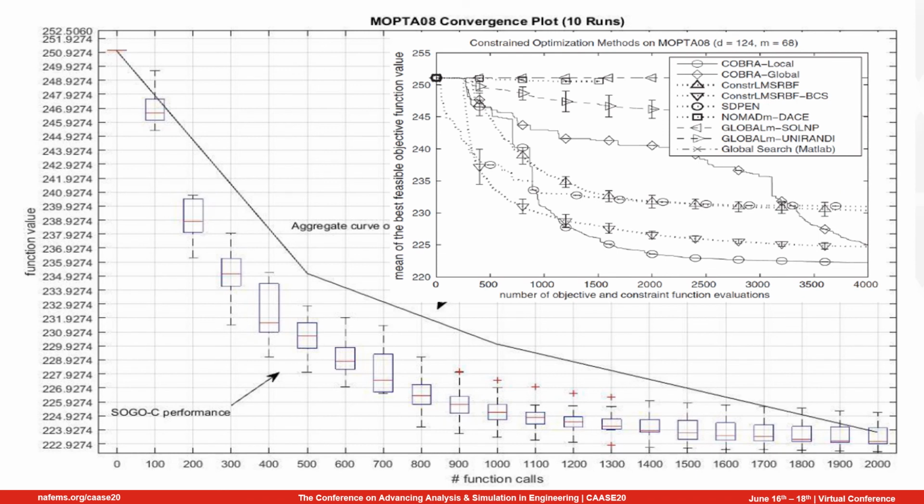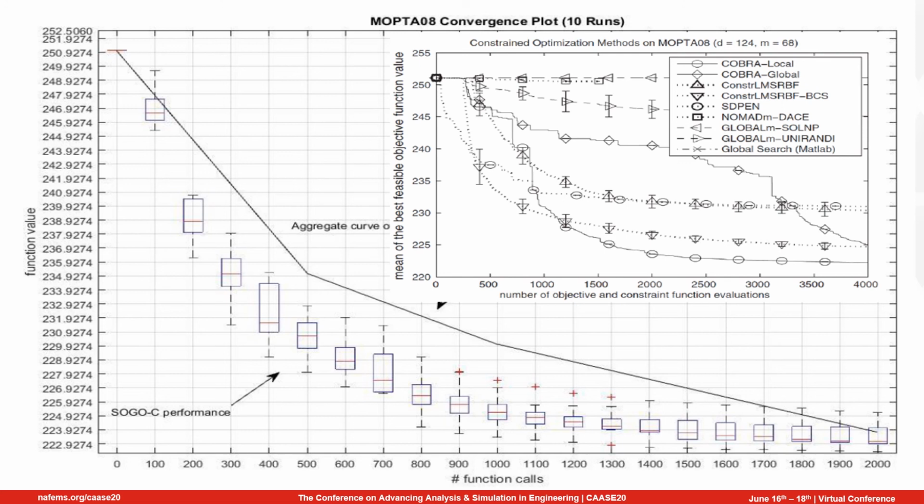Here we are looking at the convergence plot for the MOPTA-08 problem. And the smaller plot here is from a published paper by Regis, where various optimization algorithms are used to solve this problem. And the bigger plot is the convergence plot for Oasis, running the same problem, MOPTA-08.